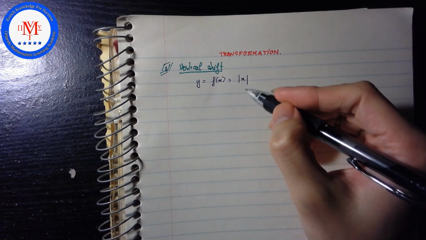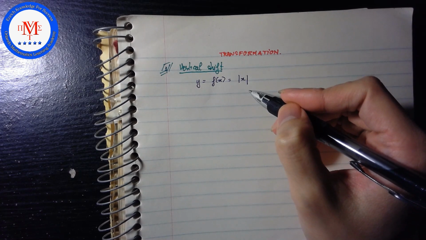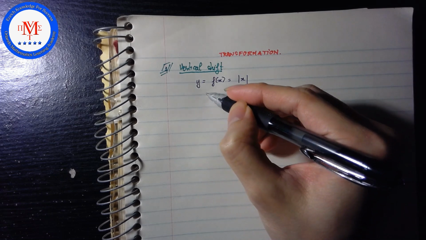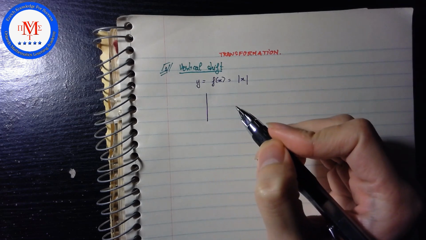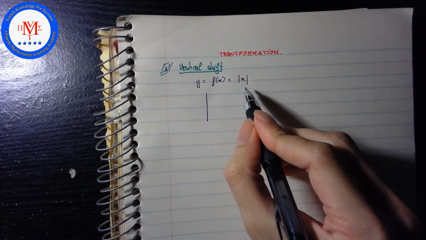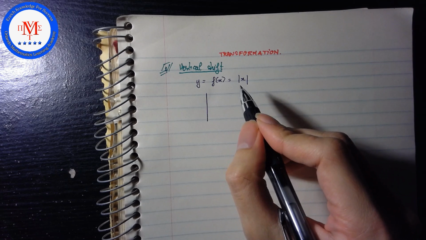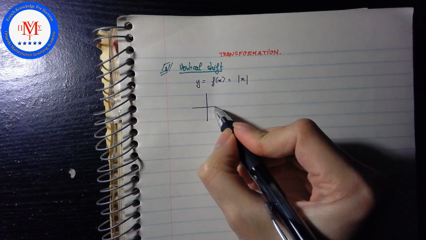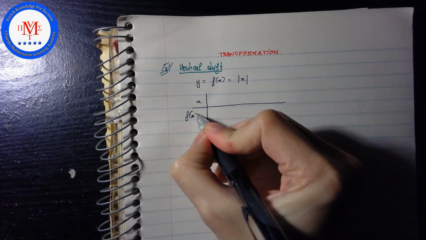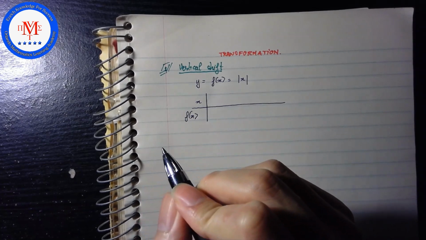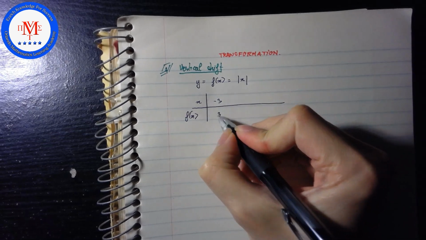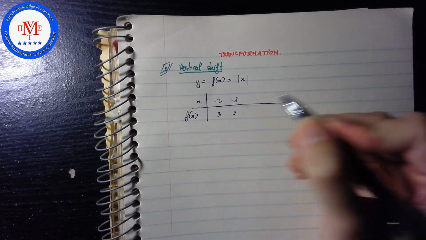The graph of this function can be obtained by using a table. So let's set up the table, and we want to compare the table of the original function to the one we will be shifting. x, f(x). If x equal to -3, f(x) equal to 3, -2 gives 2.